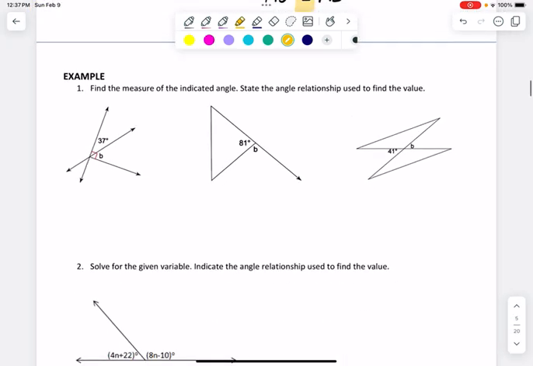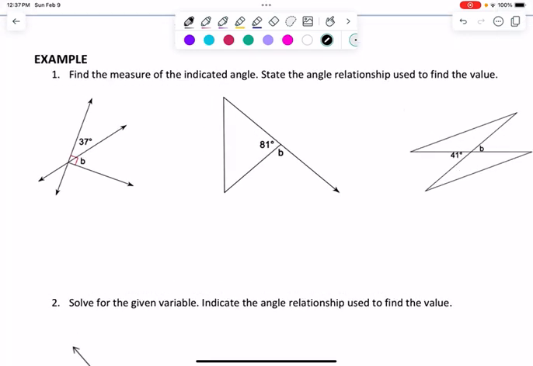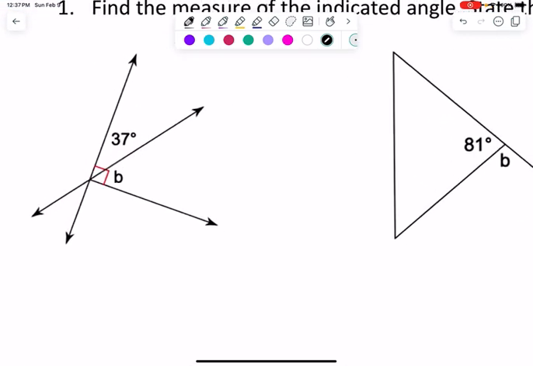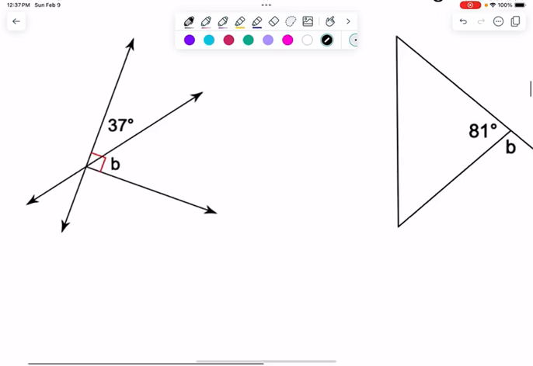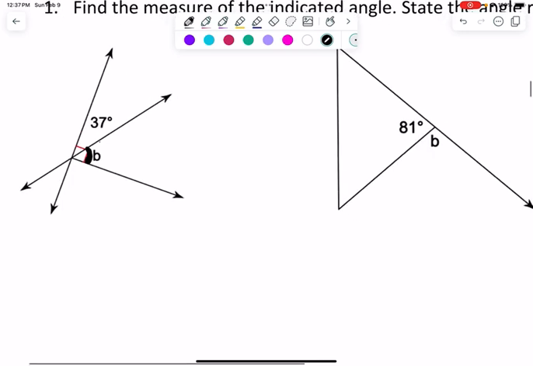Okay, we are so close to done. We are going to go ahead and try and find the value of the indicated angle. So when I take a look at this, I don't have any points in here, but I'm trying to find the value of little b. I don't know what little b is. I know the b is in this little nook and cranny here. Just want to figure out what b is.